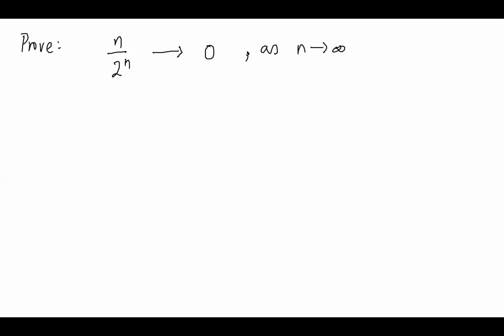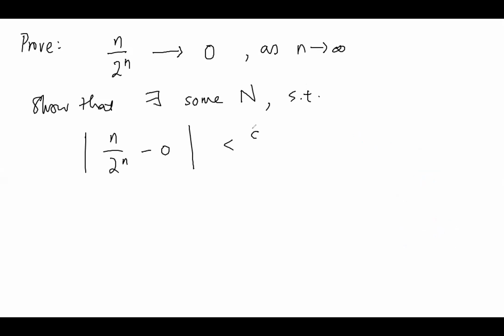Okay, so you want to show that there exists some threshold n such that this will be bounded by epsilon for all epsilon greater than 0 when your index n exceeds this threshold, okay? So basically your left-hand side is equal to just this.